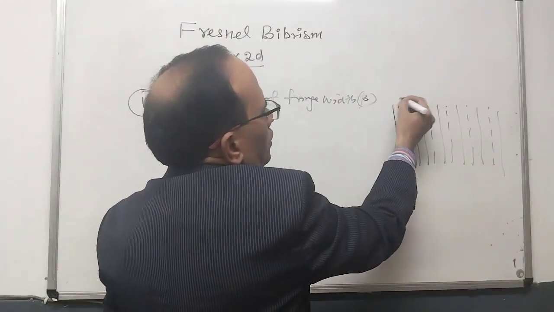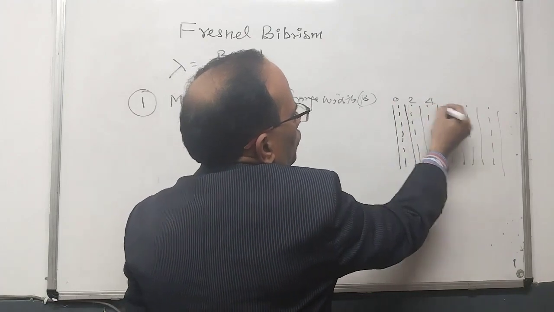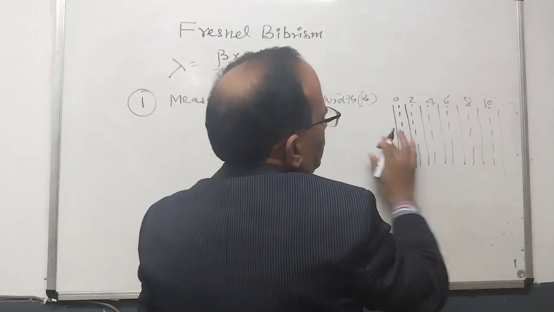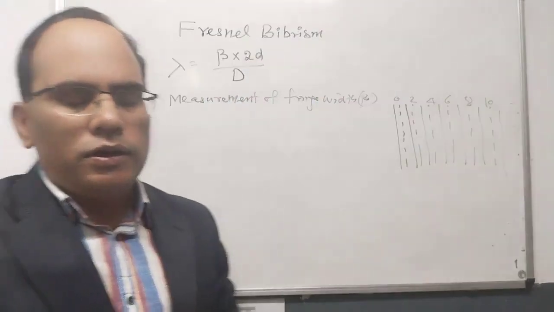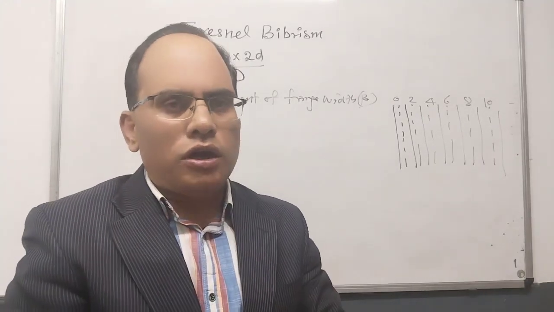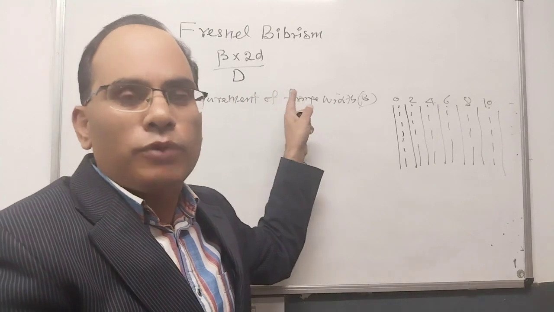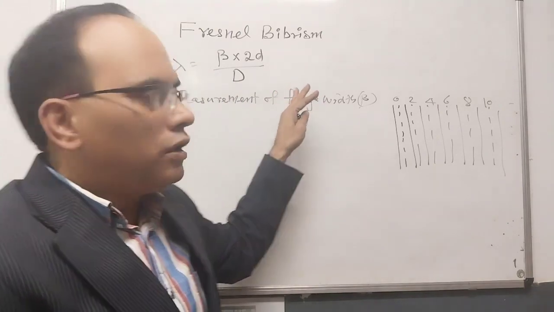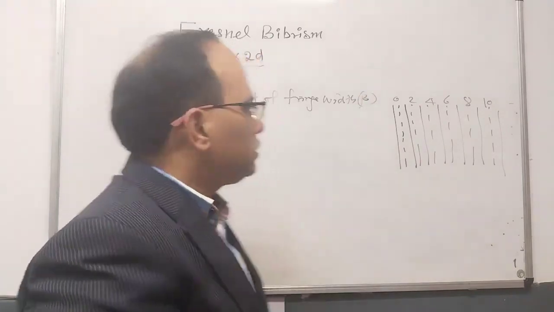Suppose this is my first fringe, then 1, 2, 4, 6, 8, 10 and so on. We can count either dark or bright fringes, because this formula is valid for both, so lambda will be the same.